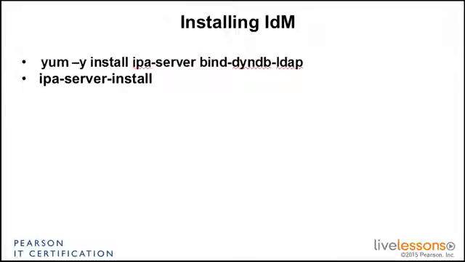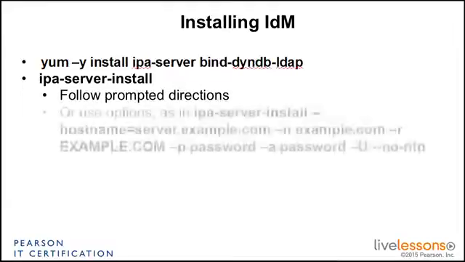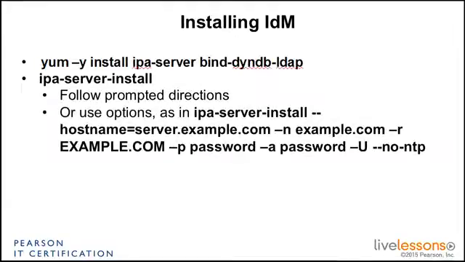Next, you can run the command ipa-server-install, which opens the scripted installation in which you are just going to answer a couple of questions. Follow the prompted directions, or alternatively, you can use options as well, as in ipa-server-install --hostname=server.example.com -n example.com -r EXAMPLE.COM -p password -a password -U --no-ntp.